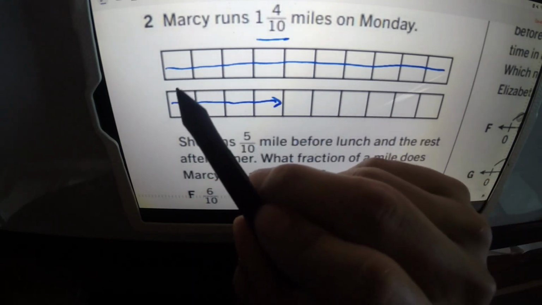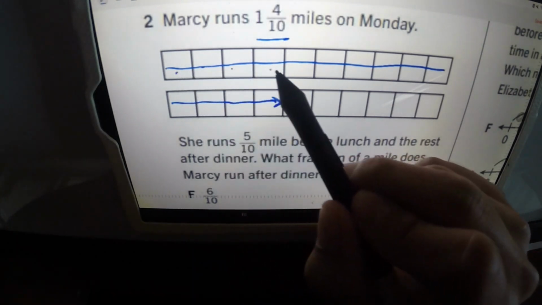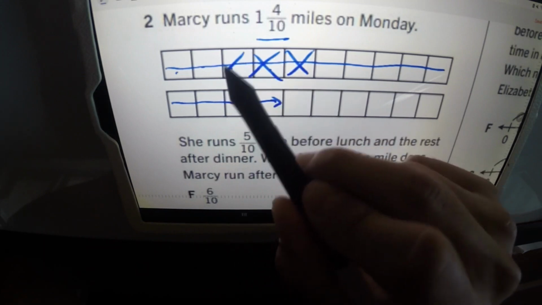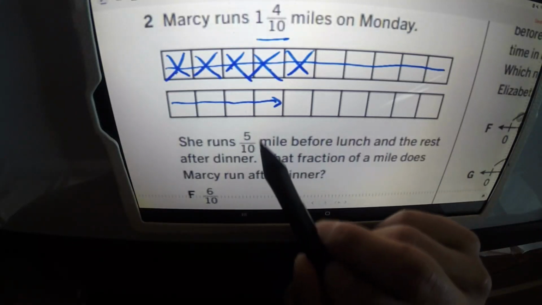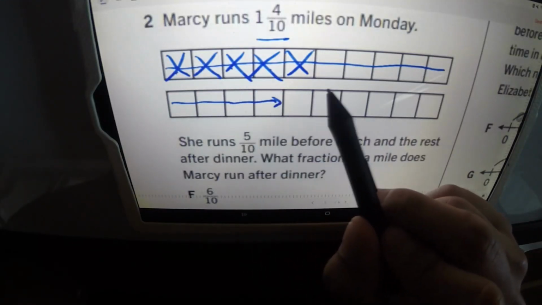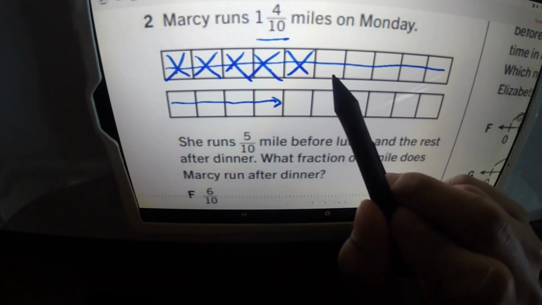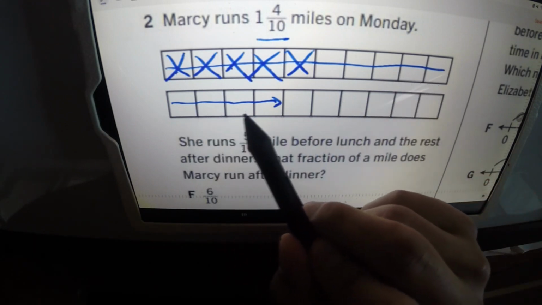So now we're going to count out 5 to subtract this. 1, 2, 3, 4, 5. This is how much she ran before lunch, and the rest she ran after dinner. So now we just count them out. 1, 2, 3, 4, 5, 6, 7, 8, 9.